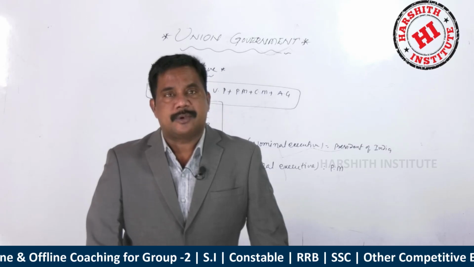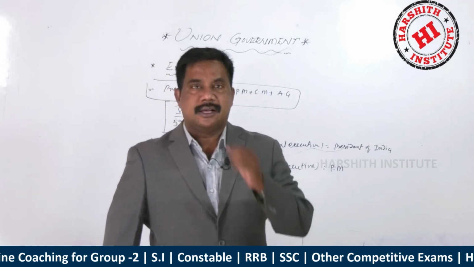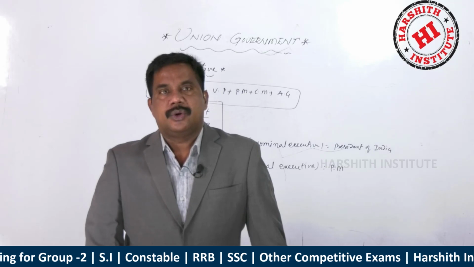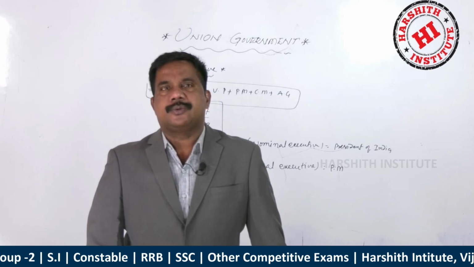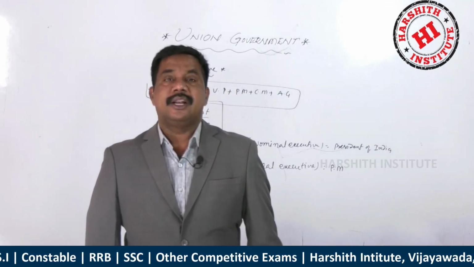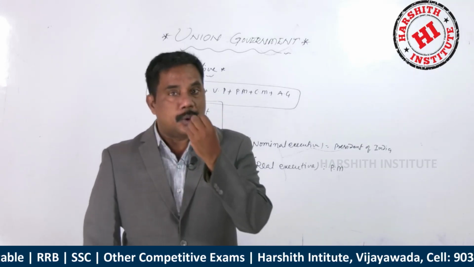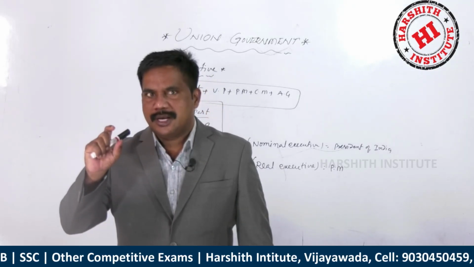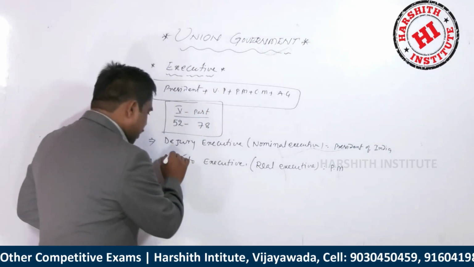As per my experience, we should understand and remember these two words. These are technical words in polity: de jure and de facto. De jure is the nominal executive; the President is called the de jure executive. De facto: I am giving you a clue on how to remember this. Fact means reality.